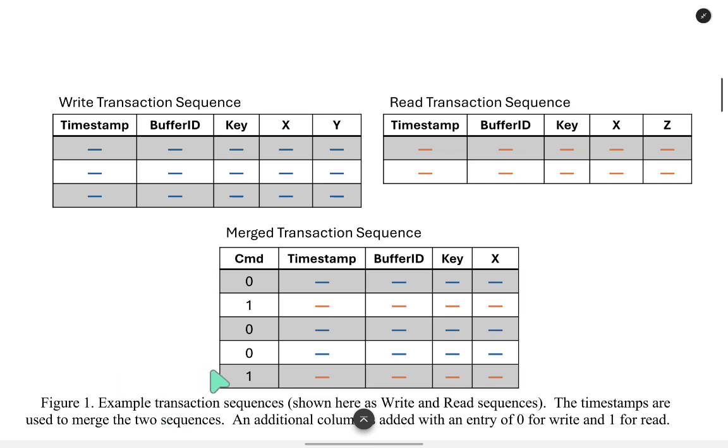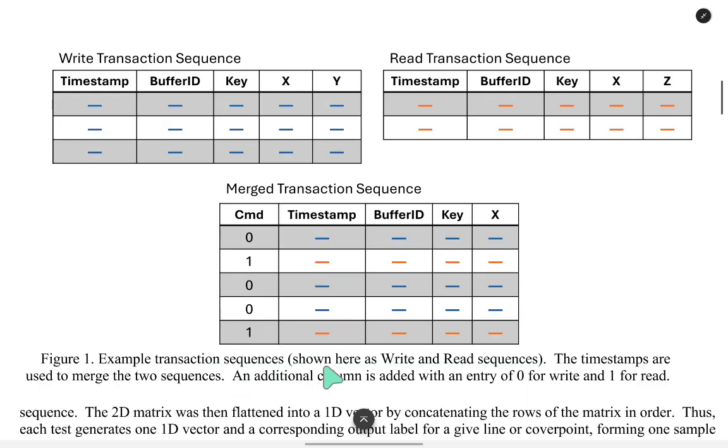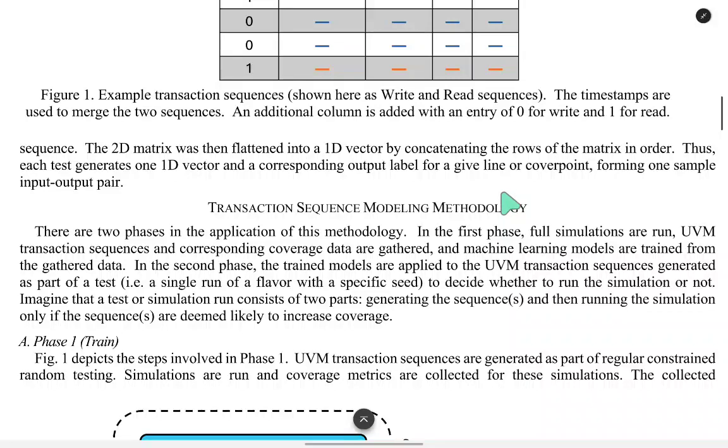Figure 1 is an example of transaction sequences, shown here as a write and a read sequence. The timestamps are used to merge the two sequences. An additional column is added with an entry of 0 for a write and 1 for a read. Write transaction sequence, read transaction sequence, and the merged transaction sequence are shown here.